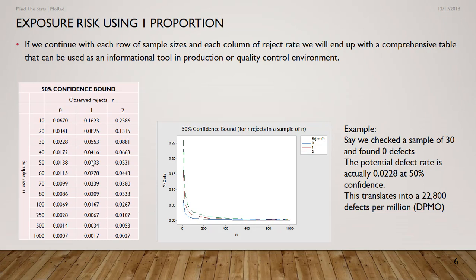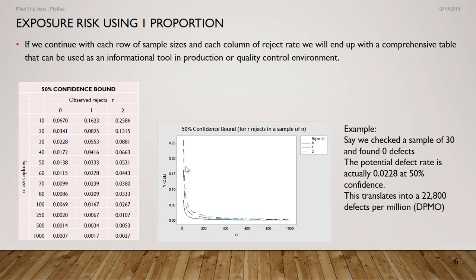What this table says is to find the one proportion value for events, or in this case rejects, 0, 1, or 2 rejects for the various sample sizes. If you chose to pick 30, for example, and you found 0 defects, this is what one proportion will come up with. So you're going to do this individually for every one of these combinations, but later if you learn macros, you can do this easily with macros.